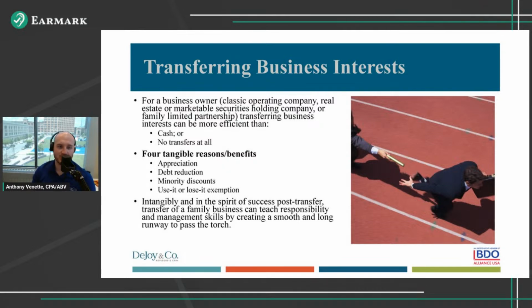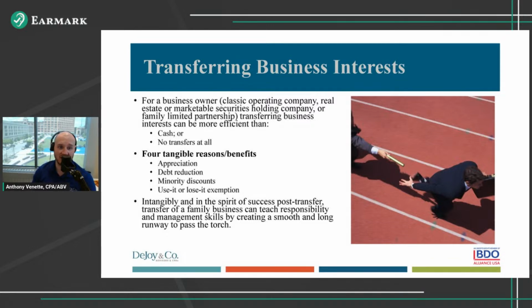So why should we focus on transferring business interests? Why would we do that over transferring cash or some other less important security? There are a couple of differences here. We have four tangible benefits, in order being appreciation, a very significant one. Debt reduction can also play a role. Minority discounts are very important as well, and we're going to talk about that concept in valuation and what that means.